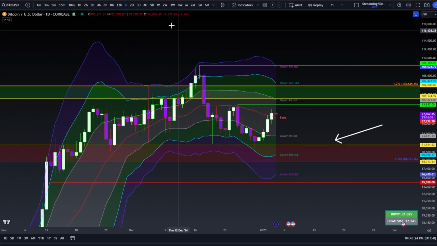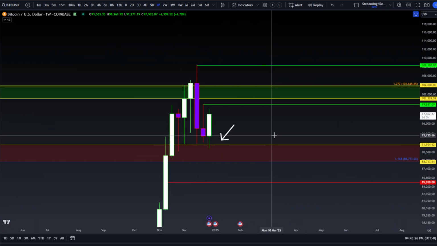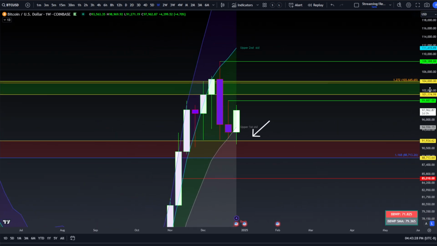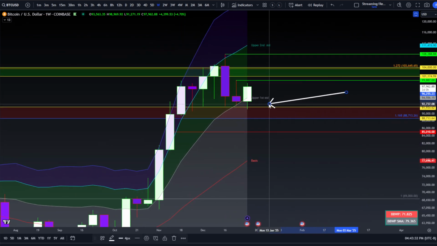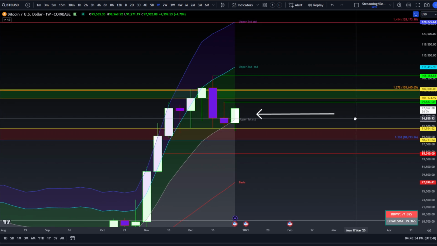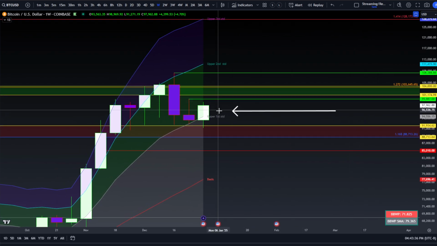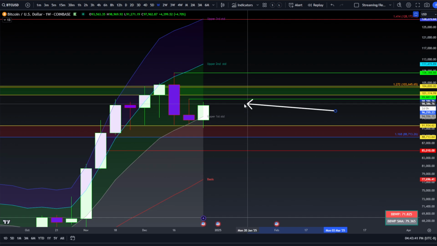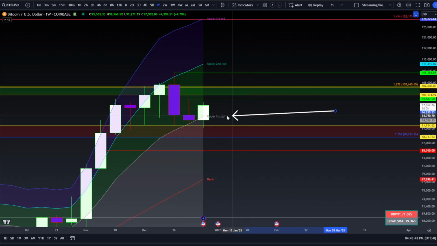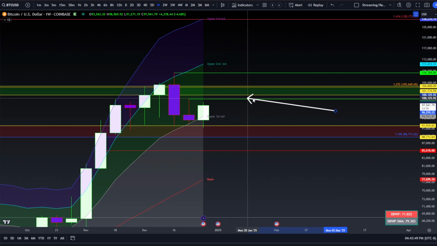Let's go ahead and see where we would like to see the weekly closing. And of course, I'd mentioned I want to see the weekly close back above the upper first. Now, from a volatility standpoint, that gives us a volatility range of interest between the upper first and upper second. And that is at 94,555, in fact, to the upper second, which is coming in around 111,413.